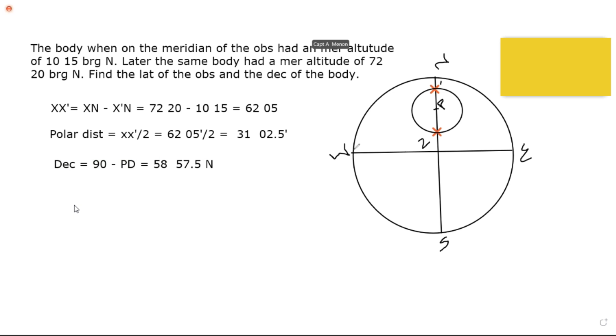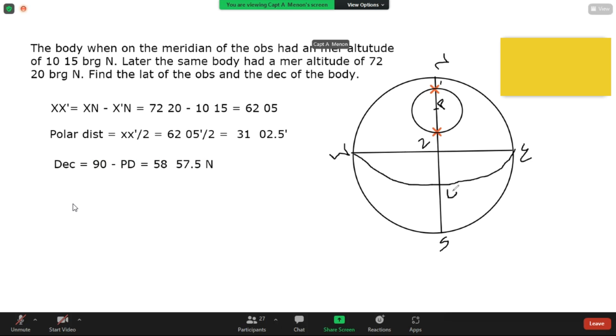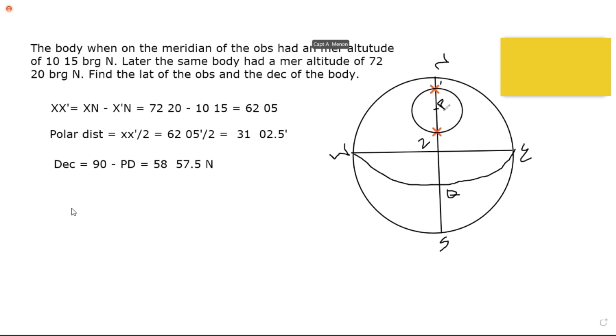So it means equinoctial would be like this. Declination is always parallel to the equatorial. And I know that PQ is 90 degrees, therefore the polar distance, or QX, is the declination, which is 90 minus PX. That is, this is north of the observer. So this is the declination.